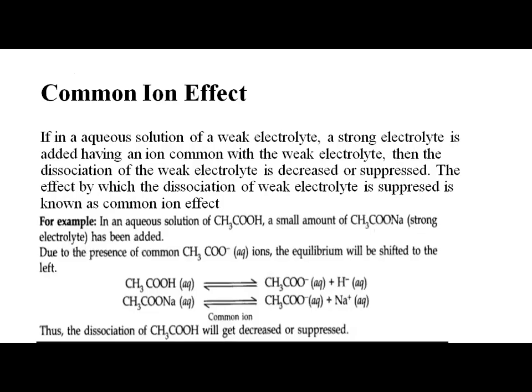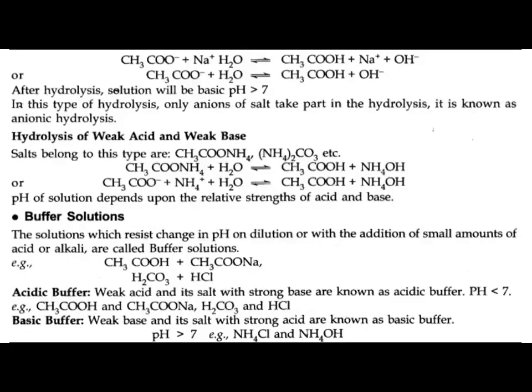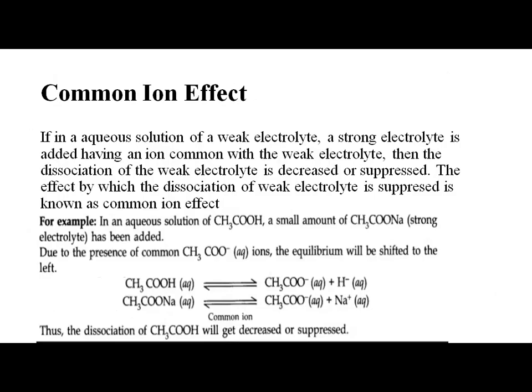Then moving to the next one, that is the common ion effect. What do we mean by common ion effect? A very important concept. Here we also have buffer solution. If, in an aqueous solution of a weak electrolyte, a strong electrolyte having a common ion with the weak electrolyte is added, then the dissociation of the weak electrolyte is decreased or suppressed.